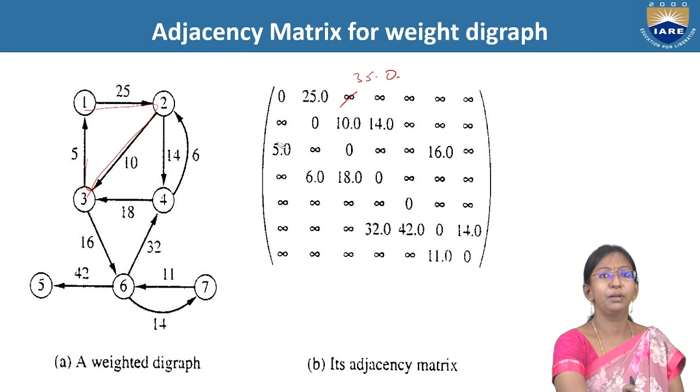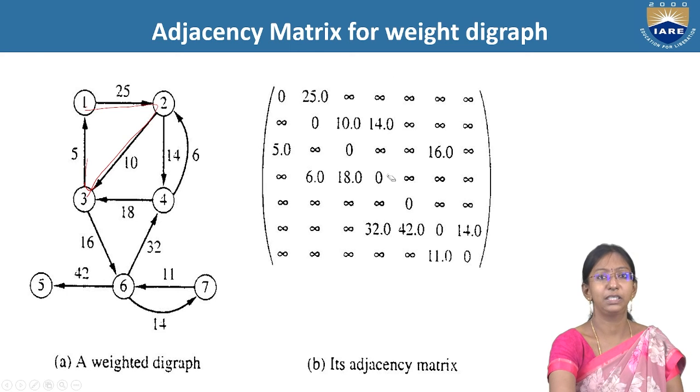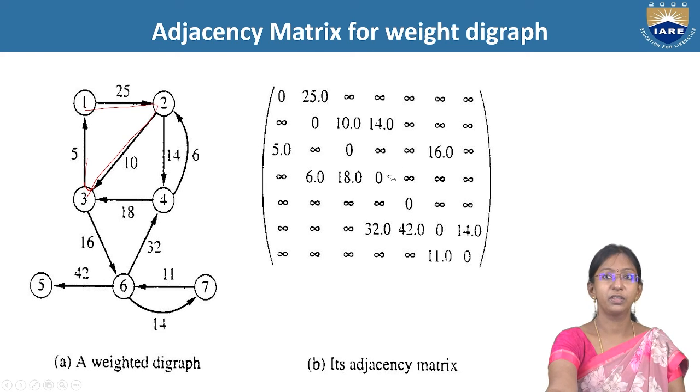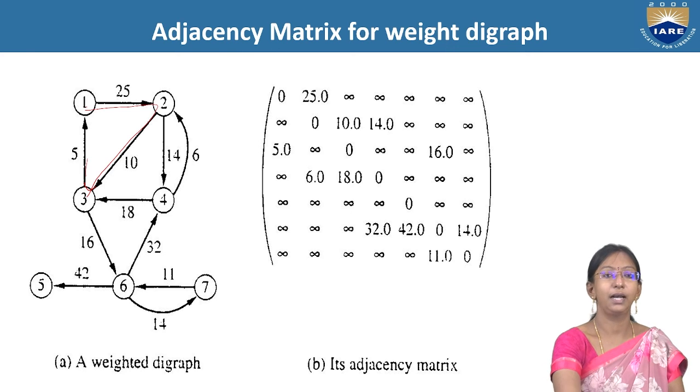But there will be a few cases where you cannot reach. It will be forever infinite in nature. So to be on the safer side, while constructing the adjacency matrix, I'll take it as infinite. I cannot reach, but later I can replace it. But the basic representation will be with infinite values.